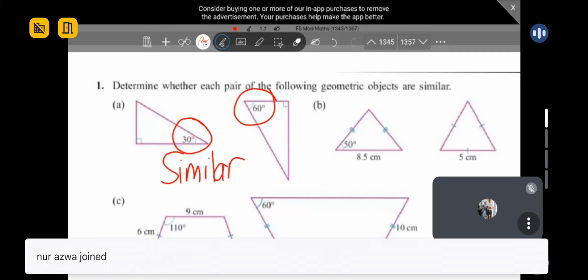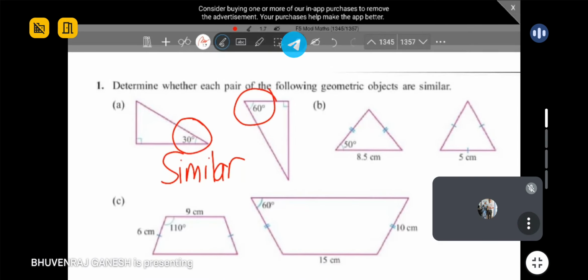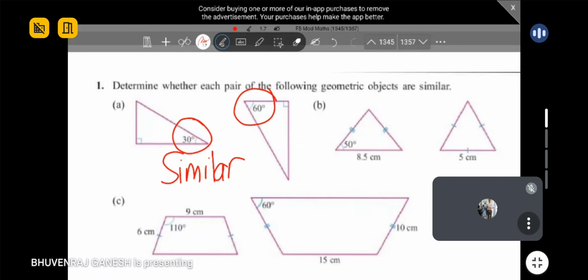Tapi size dia berbeza. The size is slightly different. Alright? So basically, you can compare the length, panjang, dan juga sudut, angle, to determine whether it's similar or not. Similar mean they must have same ratio. Kena ada nisbah sama. Dari segi sudut, dari segi panjang. Okay, in terms of angle and size.